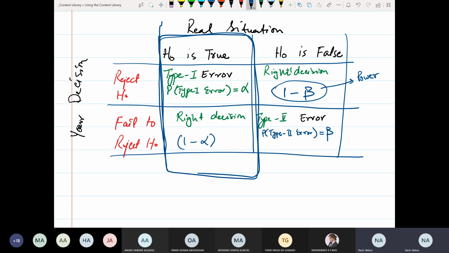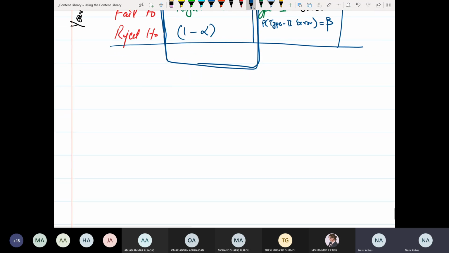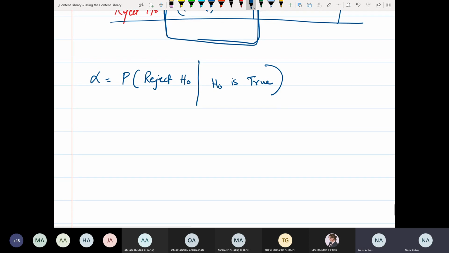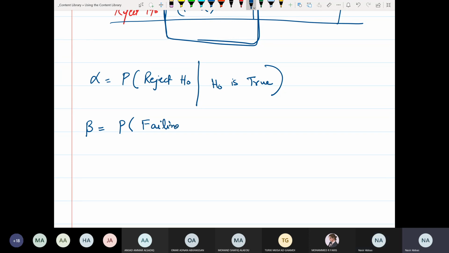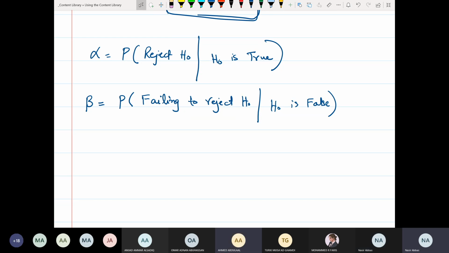So we come across here some of the notations. One notation is alpha. What is alpha? I'll write alpha as an expression here. Alpha is the probability of rejecting H naught given H naught is true, in terms of conditional probability. We come across beta, that is the probability of failing to reject H naught given H naught is false. So the true value will be given.